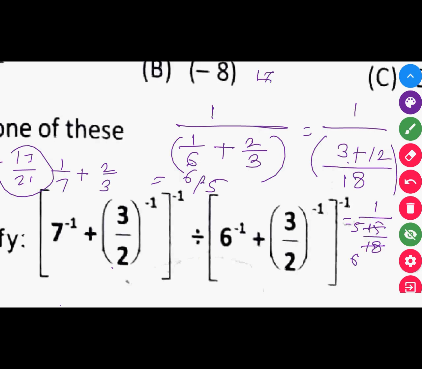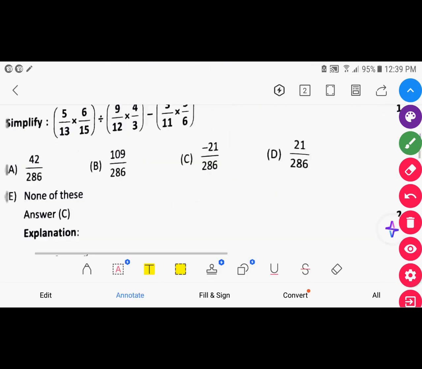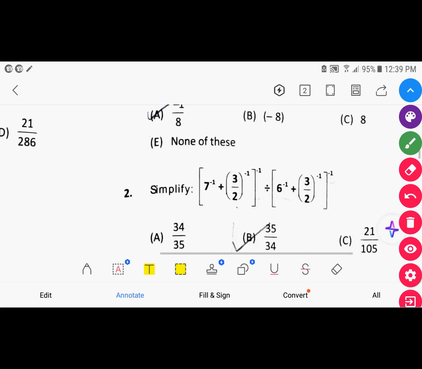So we divide: 21 upon 17 divided by 6 upon 5 means 21 upon 17 multiplied by 5 by 6. We'll solve it on the page so you can clearly see it.